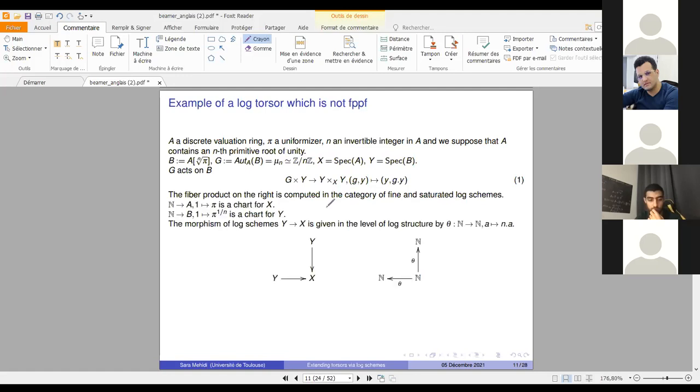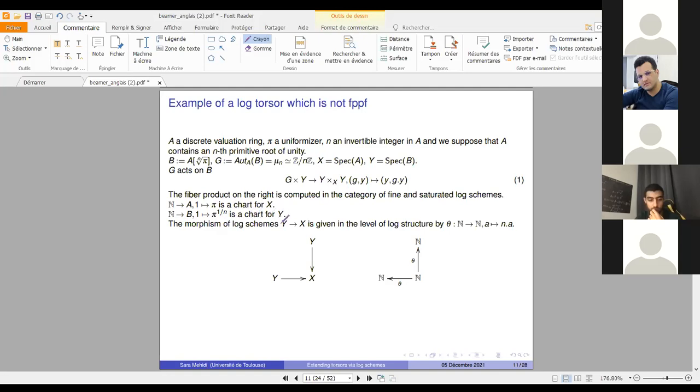So as I said before, Y is a log scheme with the canonical log structure, because it's a discrete valuation ring. And I said before, I have charts for this log structure. So the chart for X is given by N to A, to the global sections of X. So to 1, I send the uniformizer of A, and the same for Y.